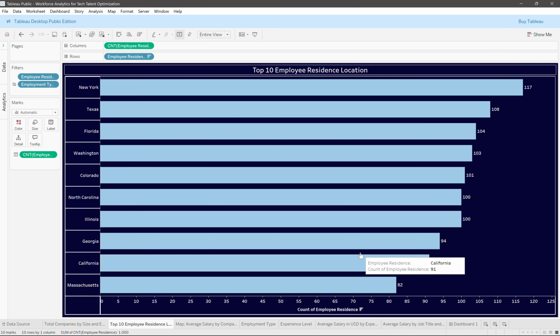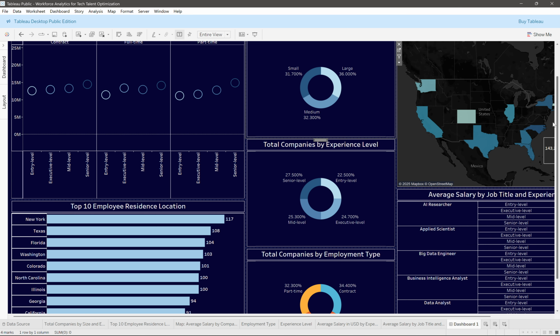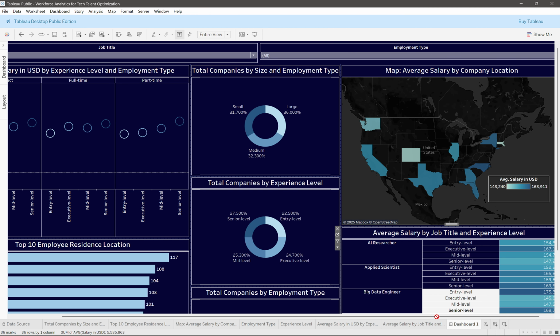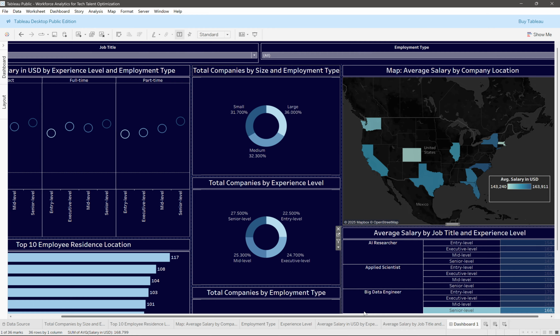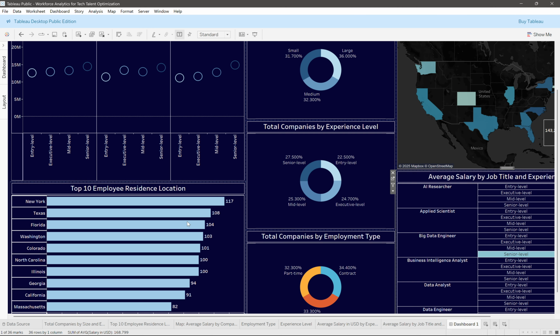Let's understand the remote ratio impact also. Before we wrap up this visual, let's talk about remote ratio, a field of the dataset that measures how remote-friendly each company role is in the main dashboard. Higher remote ratios tend to distribute employee residence globally.